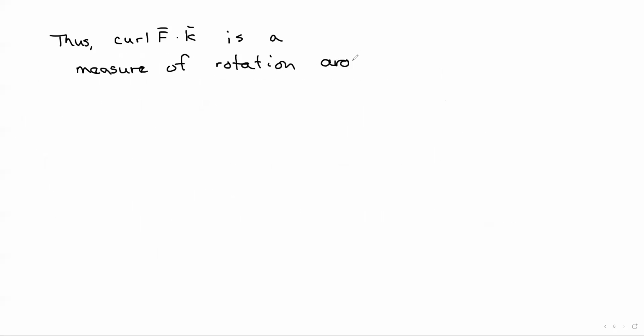All right, so thus we could go through and pop in: what is curl of f dot k? It is going to give us a measure of rotation around k. And if we go through and draw the picture, which I've drawn a couple times, what is rotation around k?